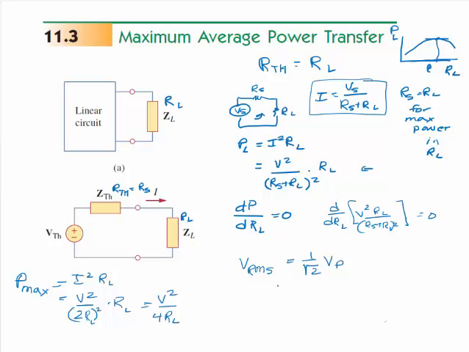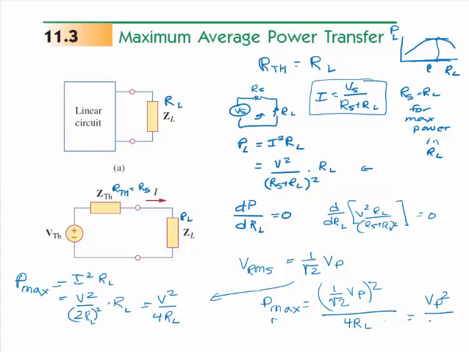But if we substitute in that VRMS is 1 over root 2 V peak into this equation, then P max equals 1 over root 2 V peak squared over 4RL, which ends up being V peak squared over 8RL. That explains where the 8 comes from in your textbook.